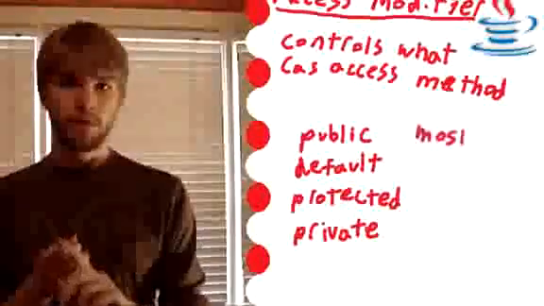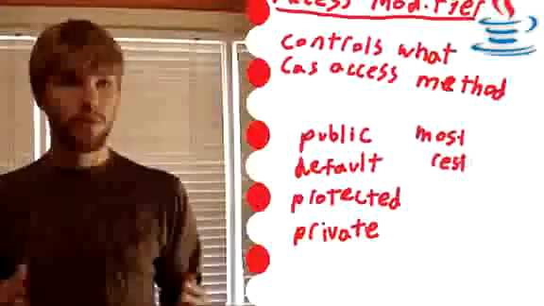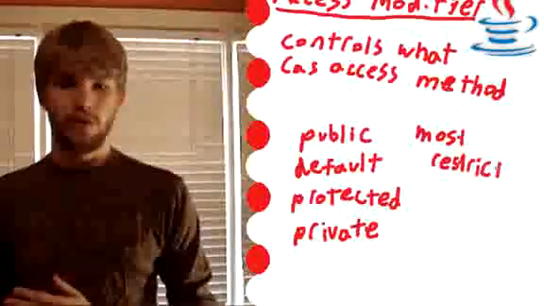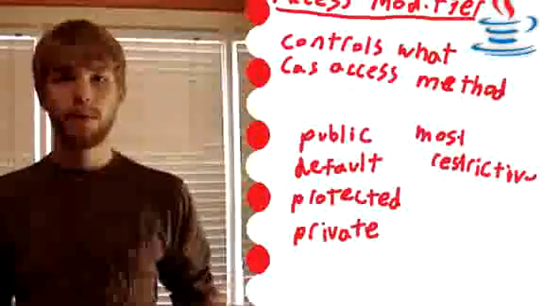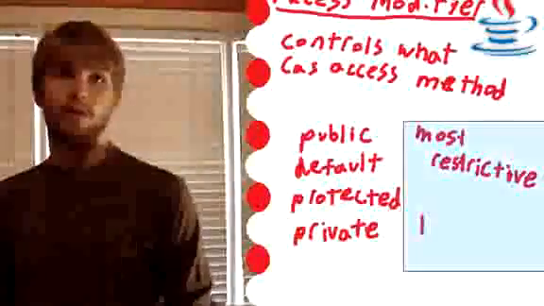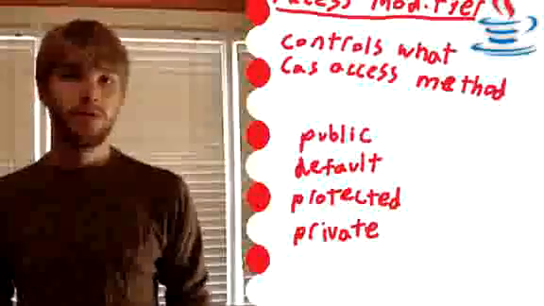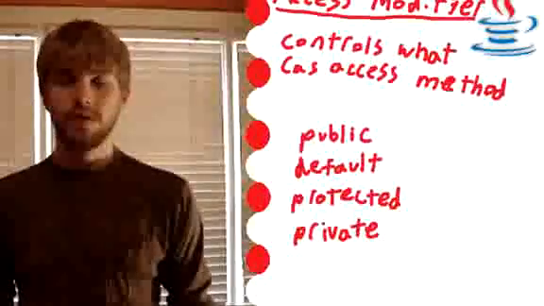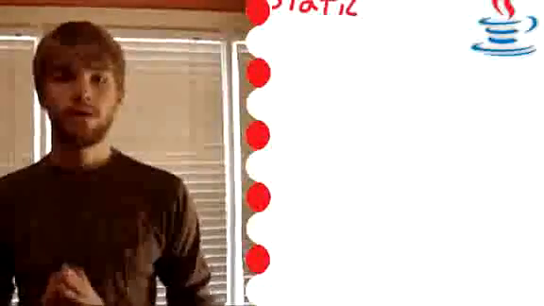Private is most restricted, public is least restricted. You'll learn how you use this later, but for now, if you use public every time, you can't go wrong really. I think for data usage, it's sometimes beneficial to use more restrictive ones, but for now, just know what it is.